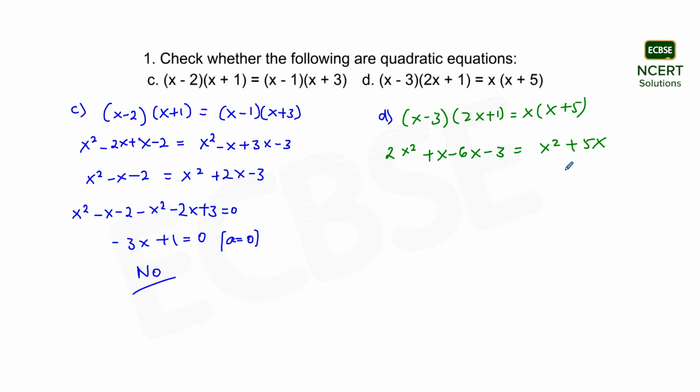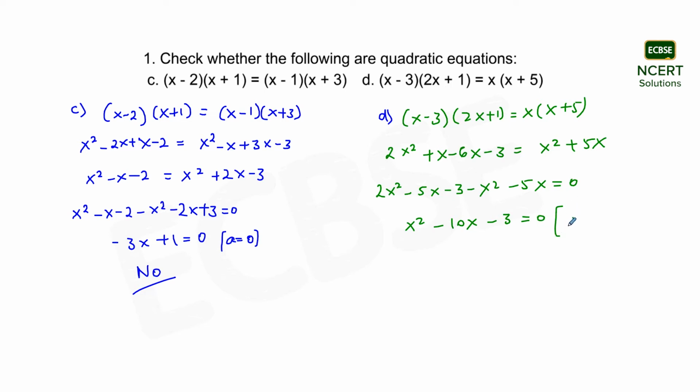Now taking the right hand terms to the left hand side, I'll get 2x² + x - 6x - 3 - x² - 5x = 0. Simplifying it, I'll get x² - 10x - 3 = 0.